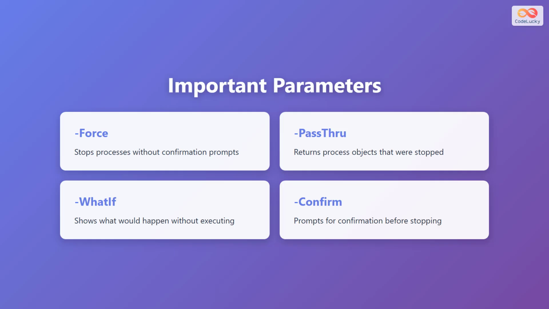The -WhatIf parameter is extremely useful for testing because it shows what would happen if you ran the command without actually stopping any processes. Finally, the -Confirm parameter prompts you for confirmation before stopping each process, providing an extra safety layer when terminating critical applications. Understanding these parameters helps you use Stop-Process safely and effectively in different scenarios.